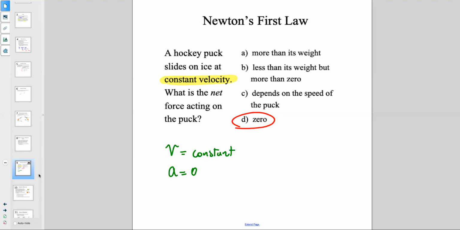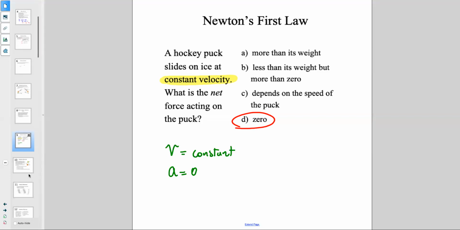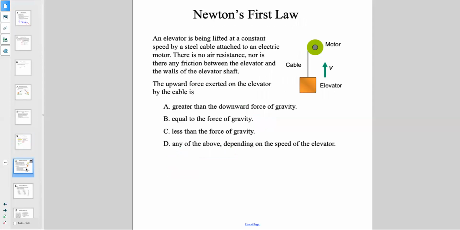Because there's always friction with ice, even though it's really, really small, but we know that it's there, it's not 0. So this is not 100% true in our daily life, because we can't avoid friction. But in physics, oftentimes we think that way. We think that there is no friction.